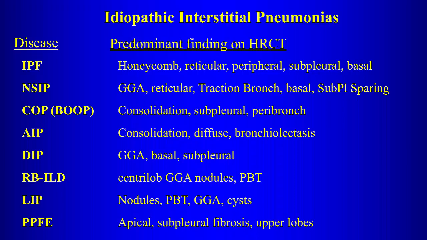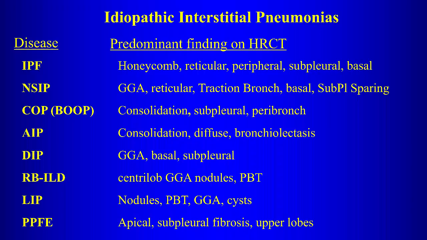Subpleural sparing is the most specific finding. For NSIP, you do not get honeycombing. For COP or any organizing pneumonia, peripheral consolidations, there might also be peribronchiolar, but it's predominantly airspace disease, tends to be peripheral in distribution. AIP is just idiopathic ARDS, right?